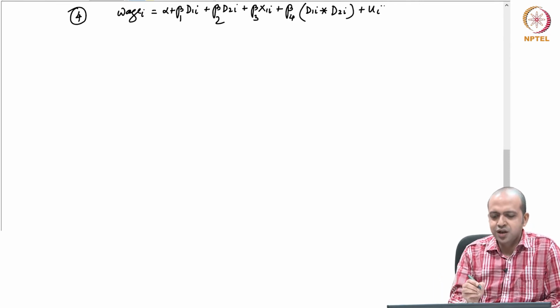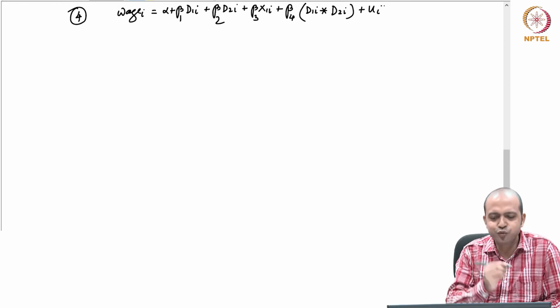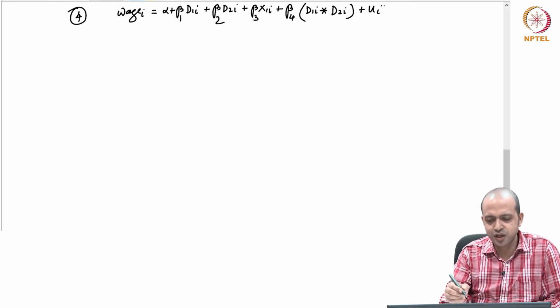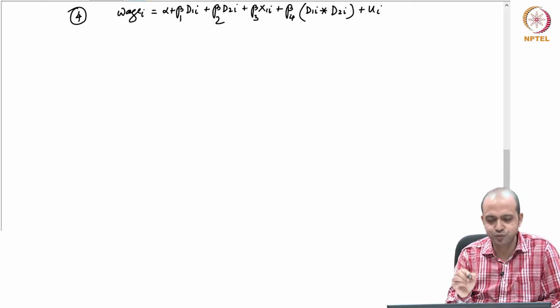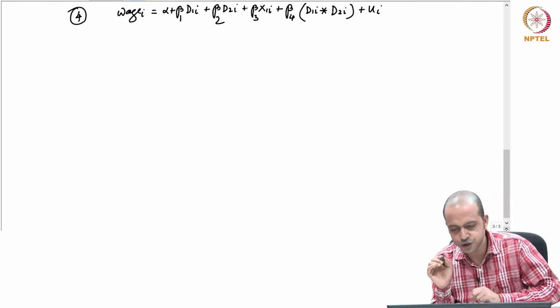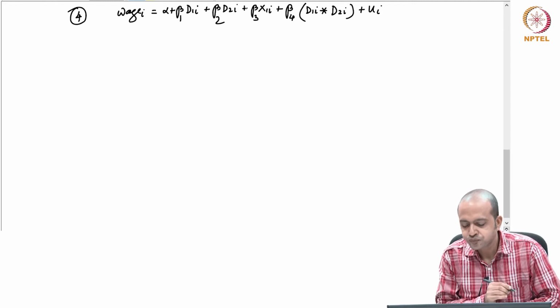Once again I assume that the increment is the same, that is why I am not interacting the x with d1 or d2. There is no interaction between d1 and d2 with the quantitative variable, again for simplicity's sake.